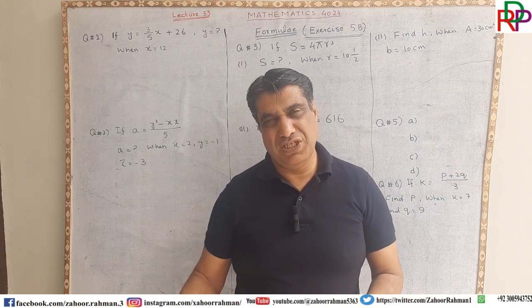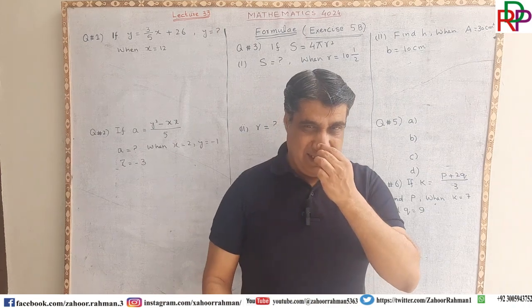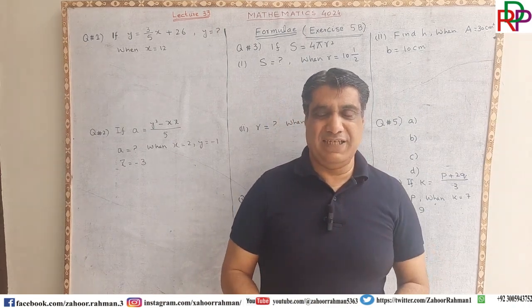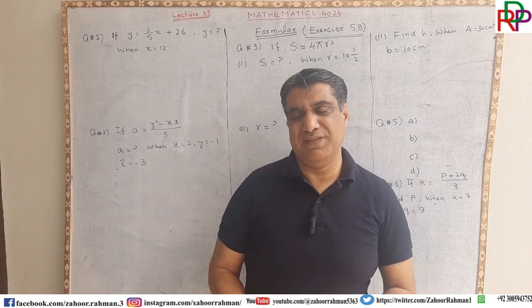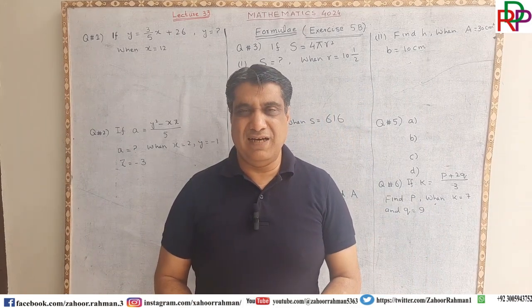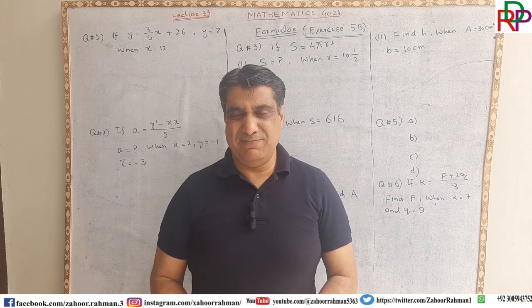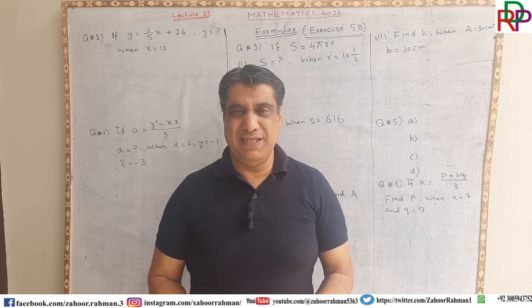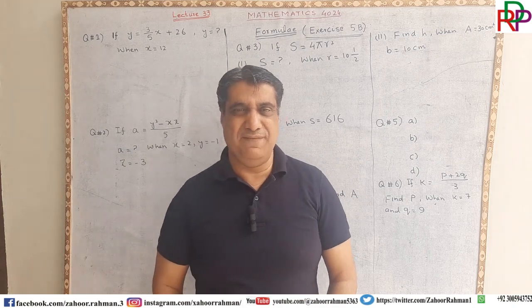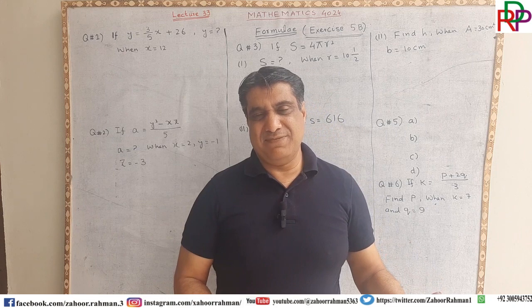Now we have to give values to different variables and then we will find the corresponding value of the subject. For example, if area of the rectangle is L cross B, L and B are representing the variables and A is the subject.